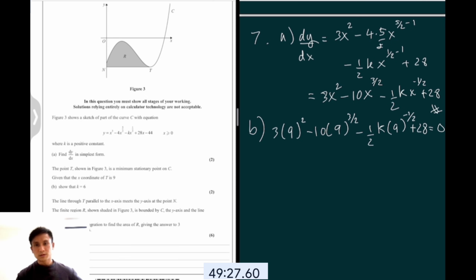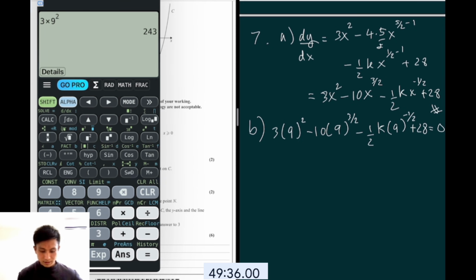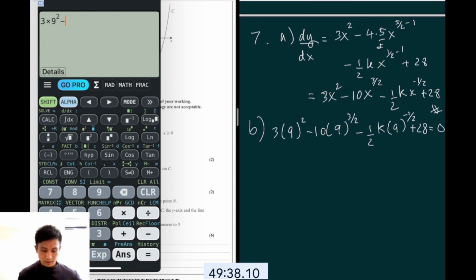equals 0. Okay? So maybe better to use a calculator here. So 3 times 9 squared minus 10 times 9 to the power of, that is basically 1.5, plus 28. So basically this is 1 equal 1 on the left hand side.